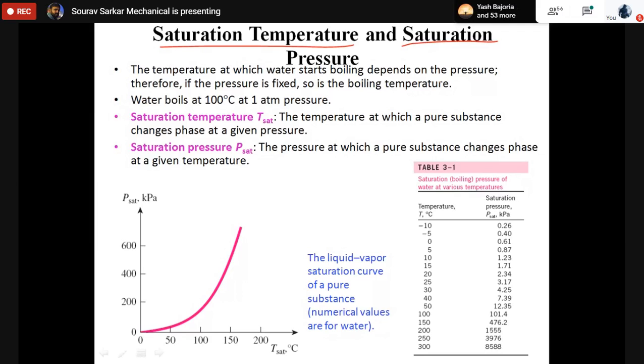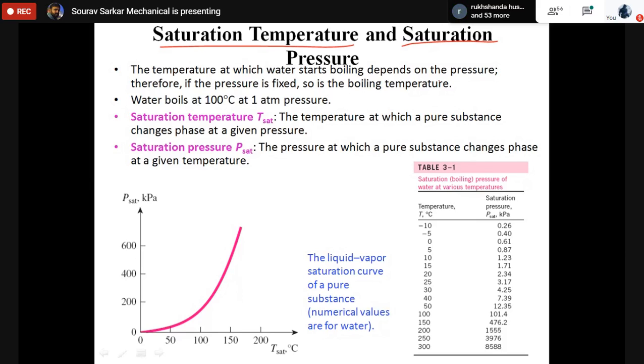Whenever you increase the pressure, you need to supply more heat to convert into vapor. But whenever the surface is very free, it is easy to move in any direction, so you need less heat to transform into vapor. Hopefully you understood.